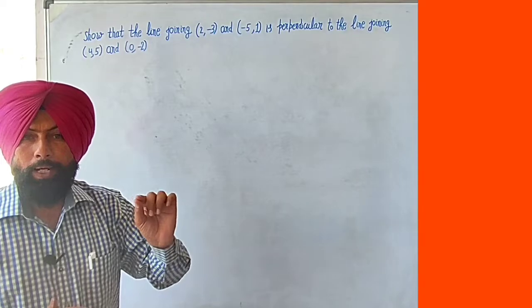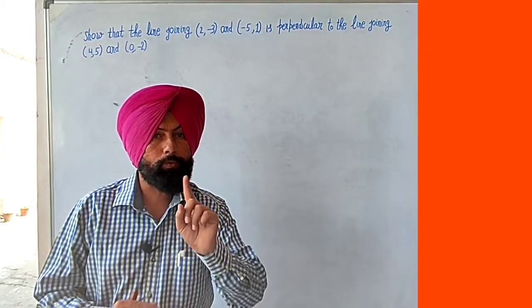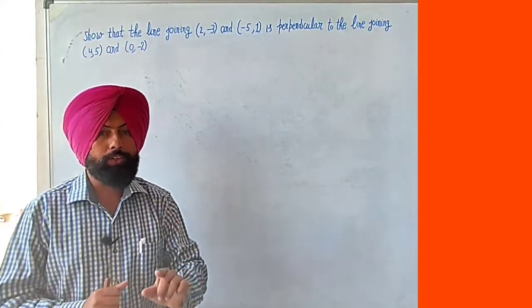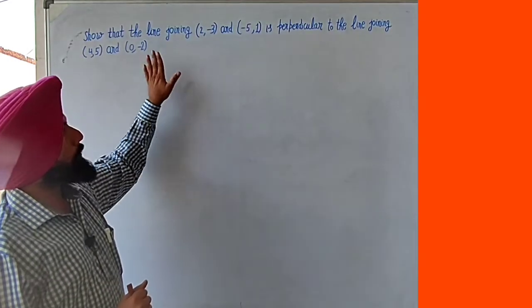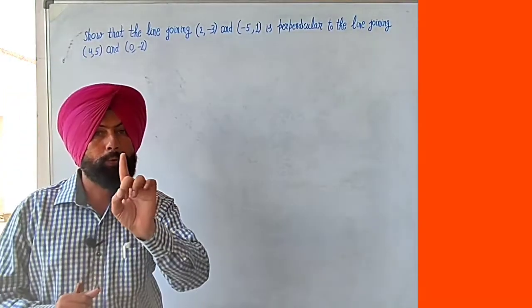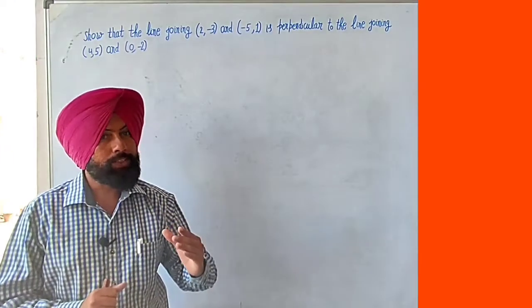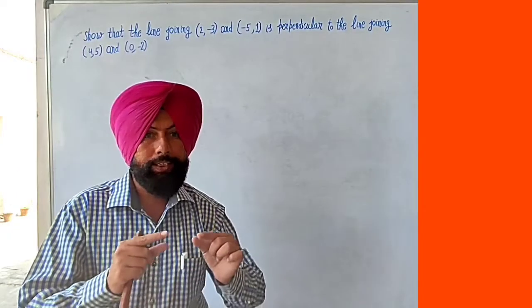For showing perpendicular, we must find the slopes of these two lines. If the multiplication of the slopes of these two lines equals minus 1, that means these two lines are perpendicular to each other.